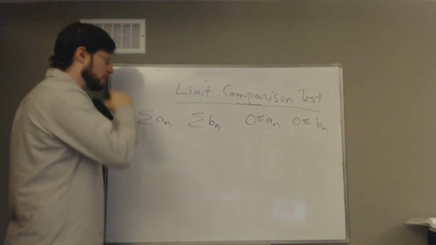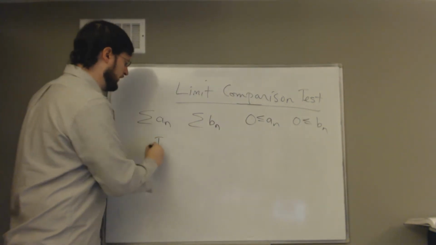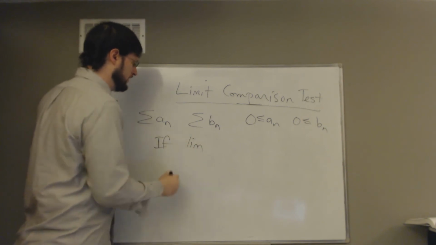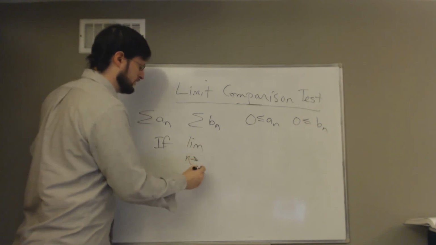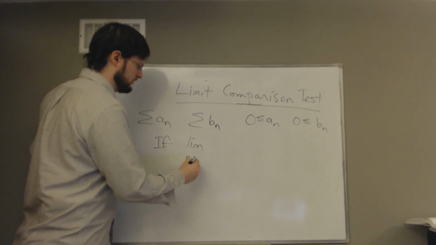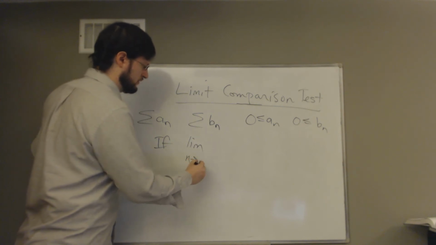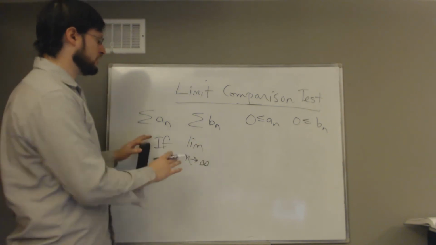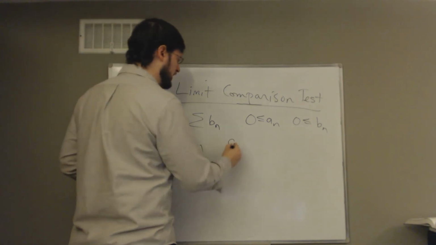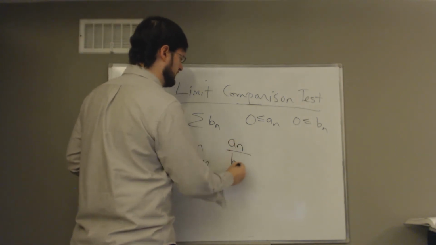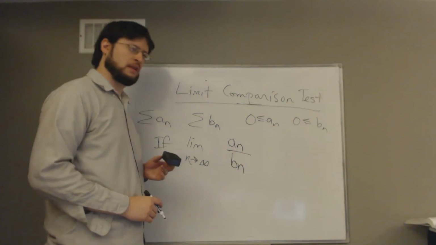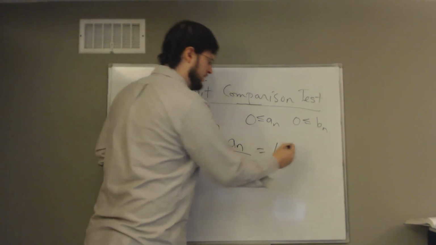Then I'm going to consider the limit as n goes to infinity of an over bn. And I'm going to call that limit L.